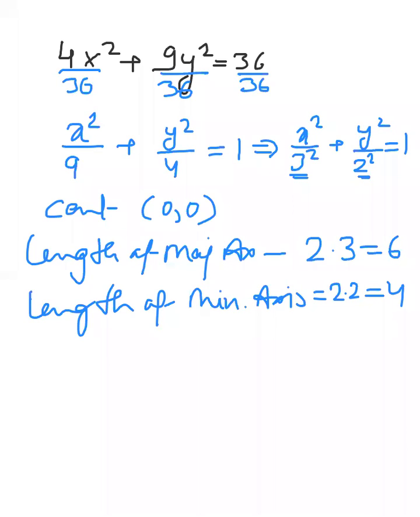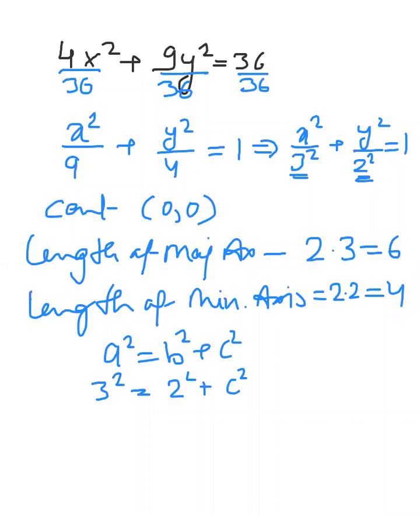For focus, it is (±c, 0). Right now we do not know c, so let us calculate c. We know that a square equals b square plus c square. a we know is 3, b is 2. Let me write clearly: 9 equals 4 plus c square.